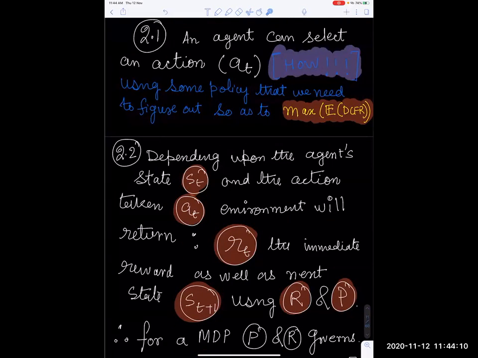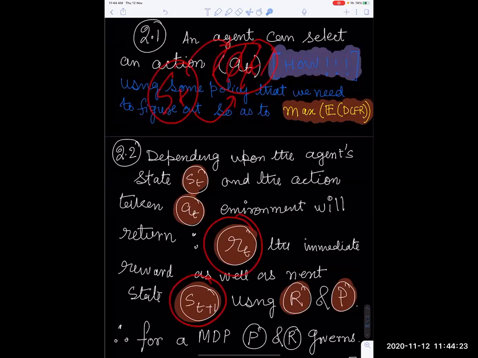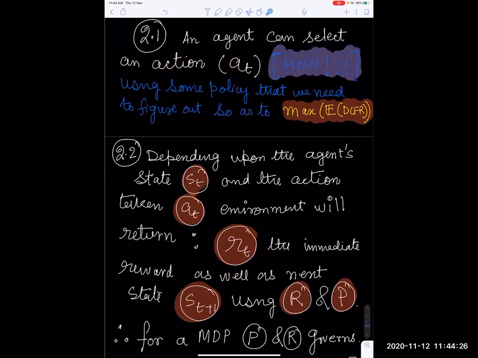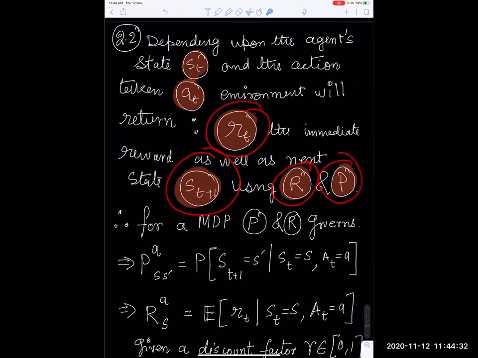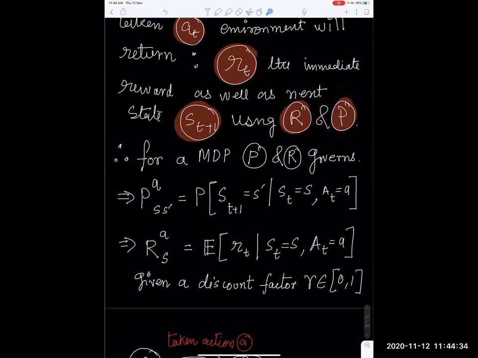But as soon as at state ST your policy has told you to take an action, once you have taken this action, you get a reward, and the environment gives you the next state as well. So the environment gives you RT, the reward, as well as the state, using your R function and T function, both of which we have previously seen.